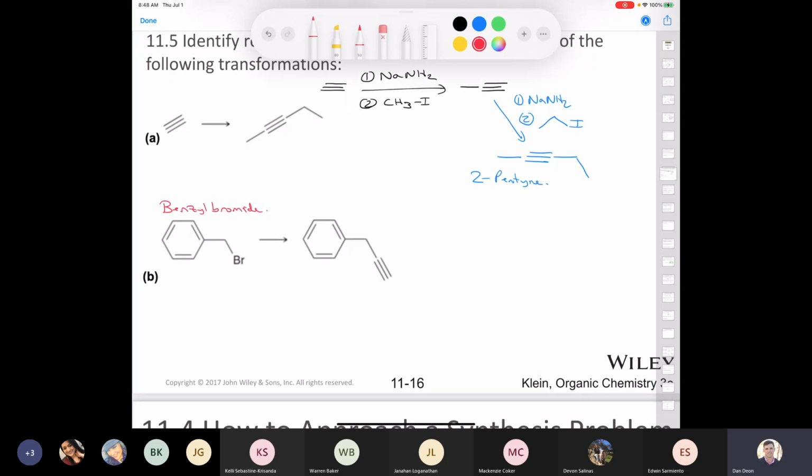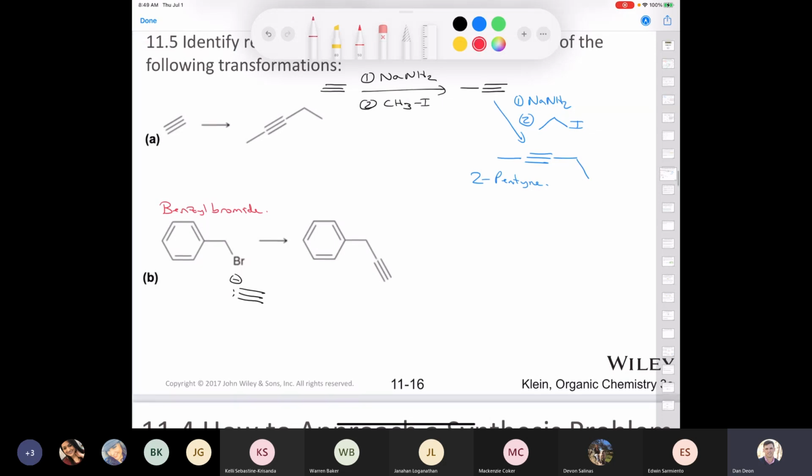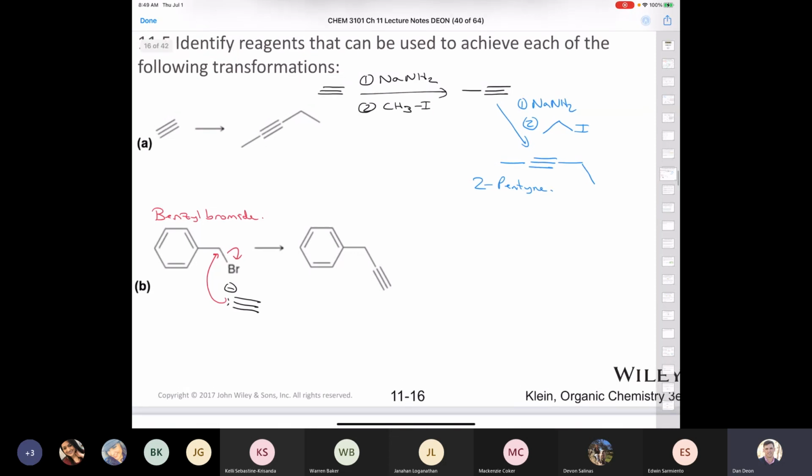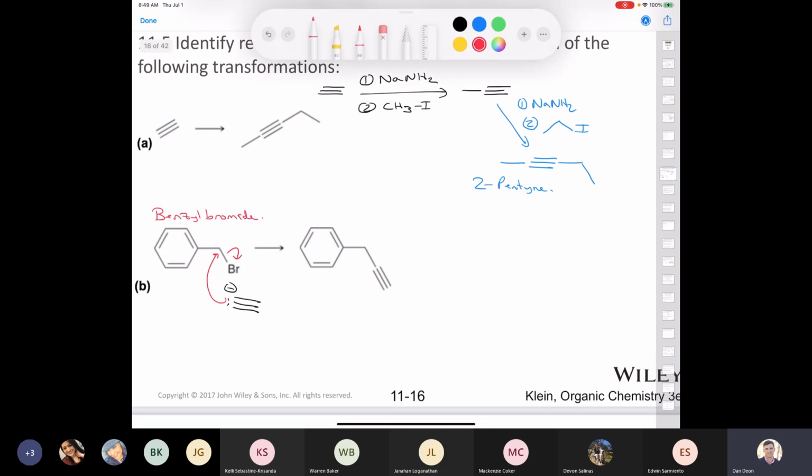Okay, well, this one is kind of an interesting one because we're adding the 2 carbons of the triple bond. And in order to do that, you would just need acetylide as a nucleophile, right? As long as you had the acetylide ion, which comes from sodium acetylide, it could just do the SN2 and you're done. So where do you get the acetylide ion from? This is where you have to say, well, I would have a small compound like acetylene at my disposal.